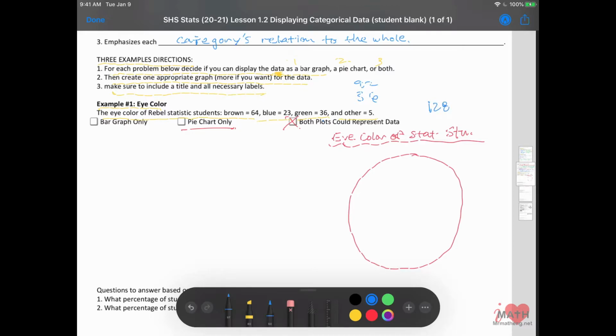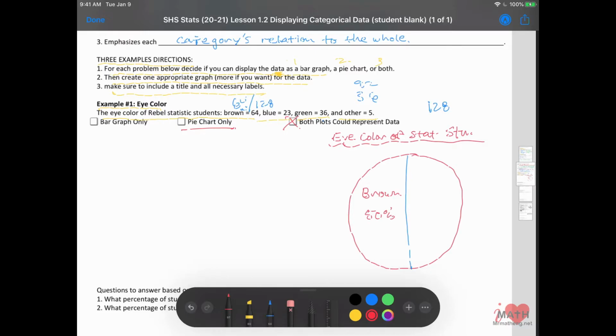So this one would be 64 divided by 128. The 64 would be the frequency, and then the relative frequency is just taking that number and making a percent, and you realize that it would be 50%. That would be the relative. So here I have brown, so each of my categories is represented, and it has a number, 50%.